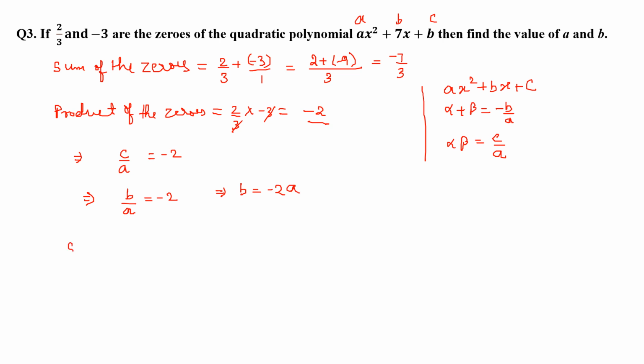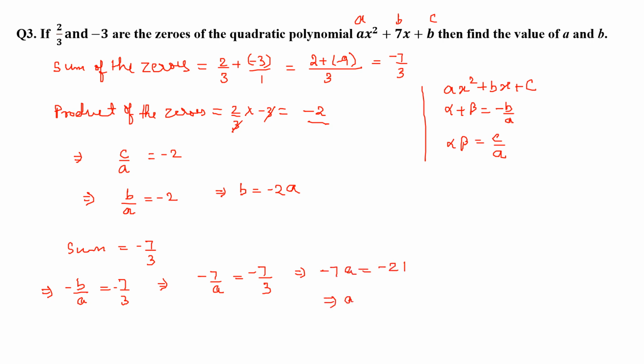This is from the product of the zeros. Now sum of the zeros we got as minus 7 by 3, right? And what is the sum of zeros? Minus b by a equal to minus 7 by 3. Let's put the values of b and a. So b is 7. So minus 7 by a equal to minus 7 by 3. Now cross multiply. So minus 7a equal to minus 21.